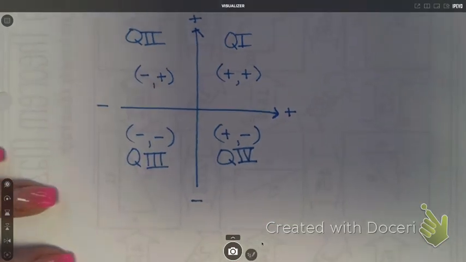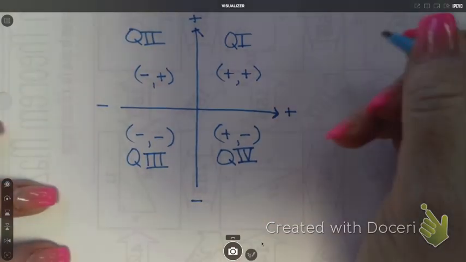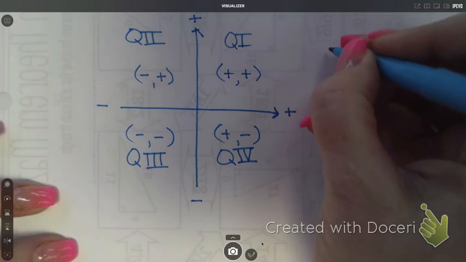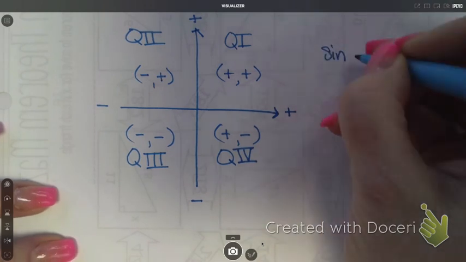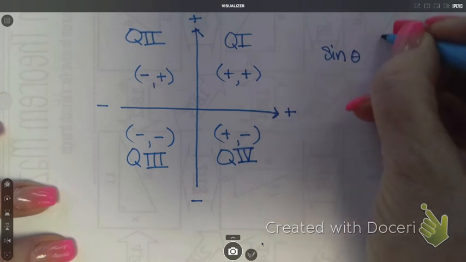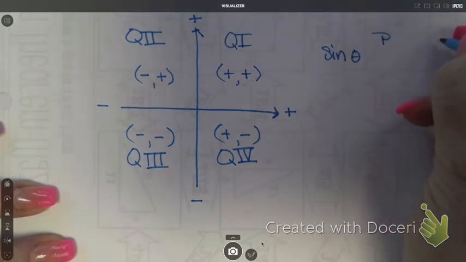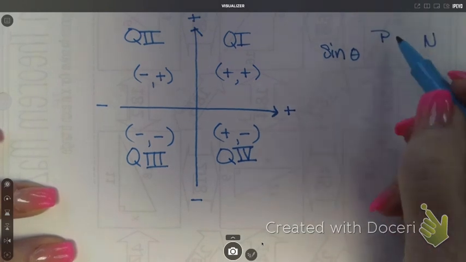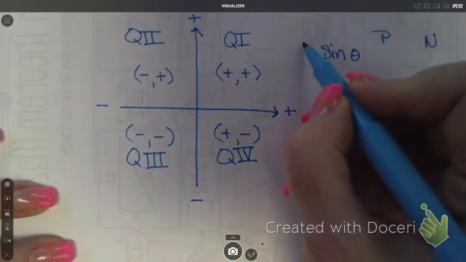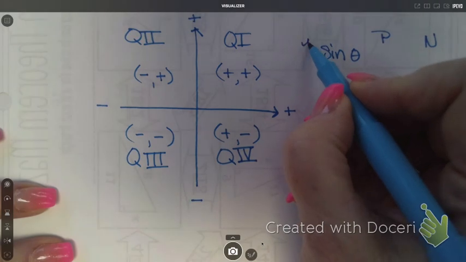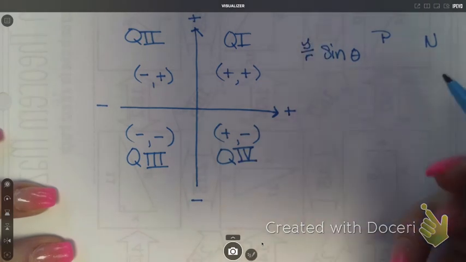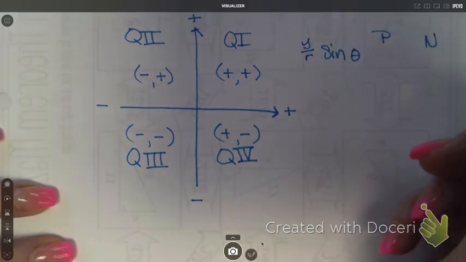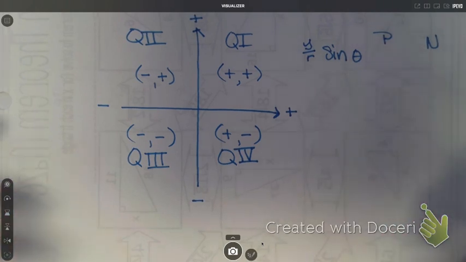Now, using that, in what quadrants is sine of theta positive and negative? So sine is y over r. So r is always positive, right?